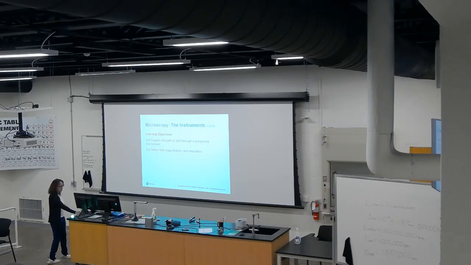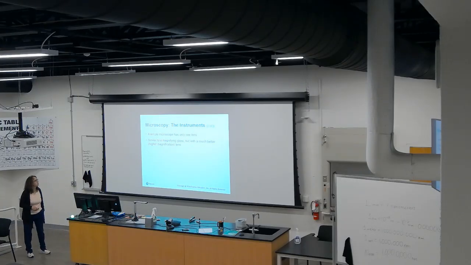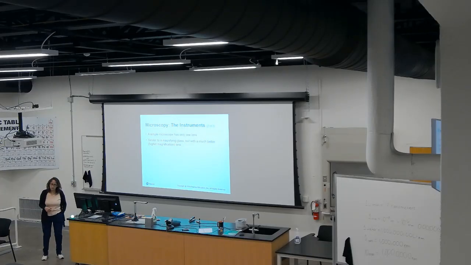So now let's look at the different types of microscopes and how they produce the image. And then we're going to see what magnification and resolution are. So we have the simplest type of microscope, which is made out of a single lens, and is similar to a magnifying glass, but much better, a higher magnification lens.